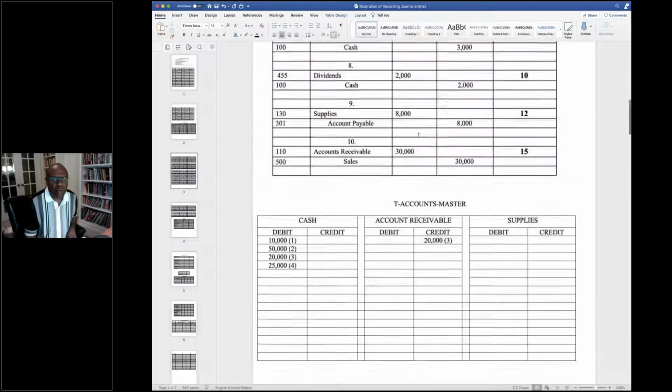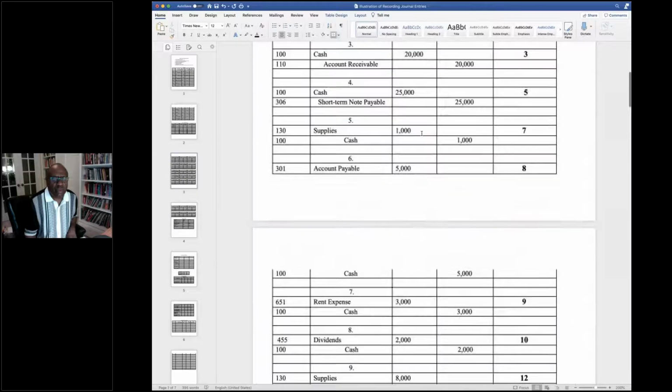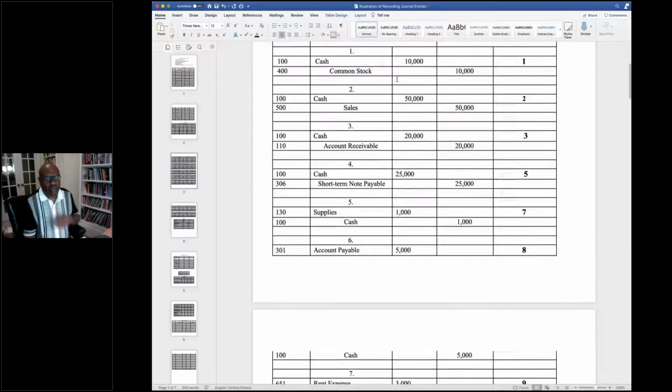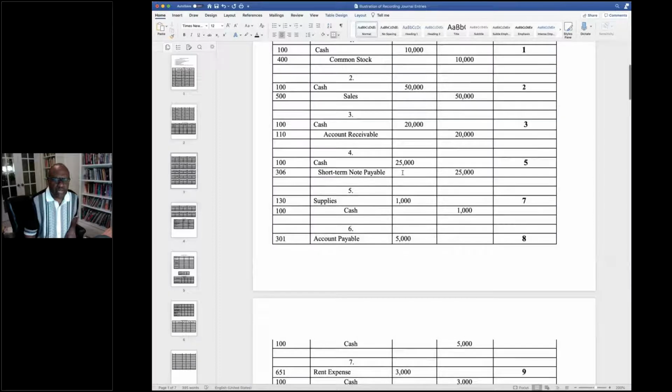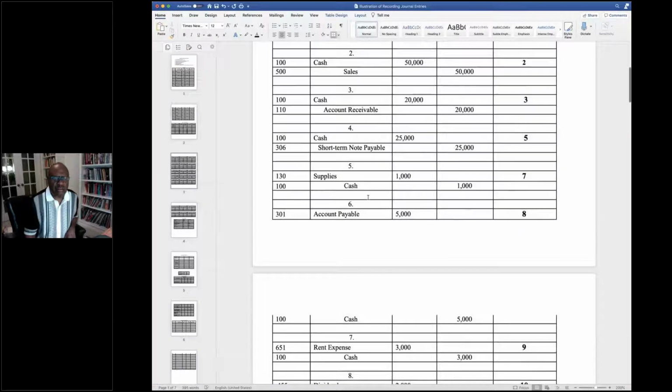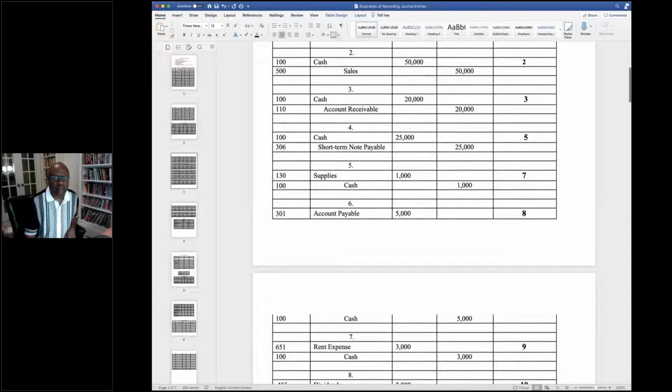Okay, so we've now finished posting the first 4 transactions, which involve a debit to cash. We're now going to look at a series of transactions where cash was paid out, and so cash is credited. In transaction 5, we bought supplies for $1,000.